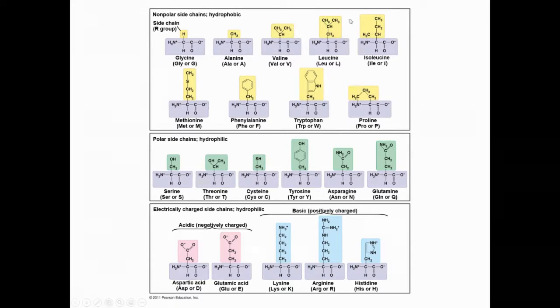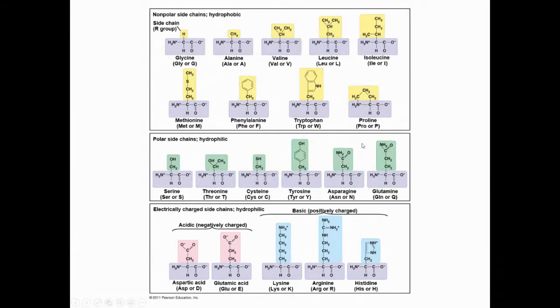And from these side chains you can see that the nonpolar ones basically have either hydrogen, a methyl group, or an aromatic group in the end. That's why they are nonpolar. But for the polar ones, you can see the hydroxyl group and the SH group, hydroxide and oxygen here. They can form hydrogen bonds.